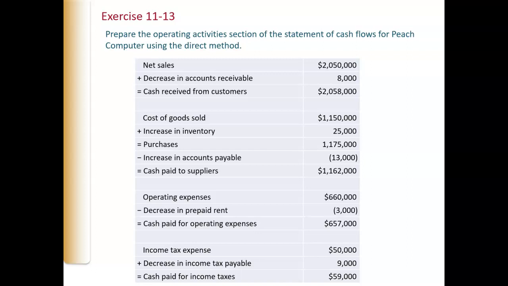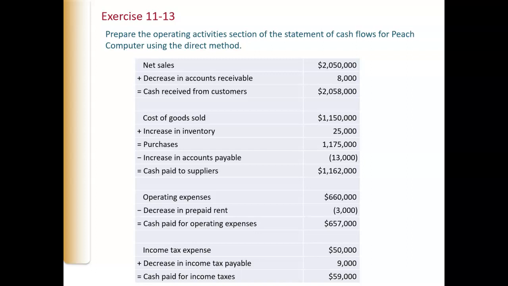And then we're going to subtract our increase in our accounts payable, and that allows us to know how much we actually paid out to suppliers. It's most helpful if you have this formula written down, okay? Because for me, it's not real intuitive.